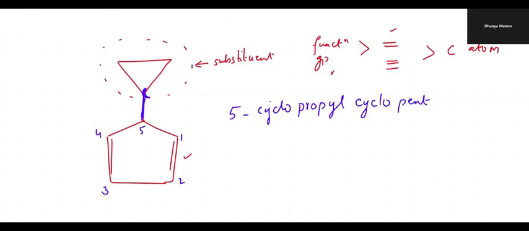At what positions are the double bonds? 1, 3, diene. Why cyclopropyl? Because here there should have been a hydrogen, but that hydrogen has been removed to bring about this connection. So that is why propyl.